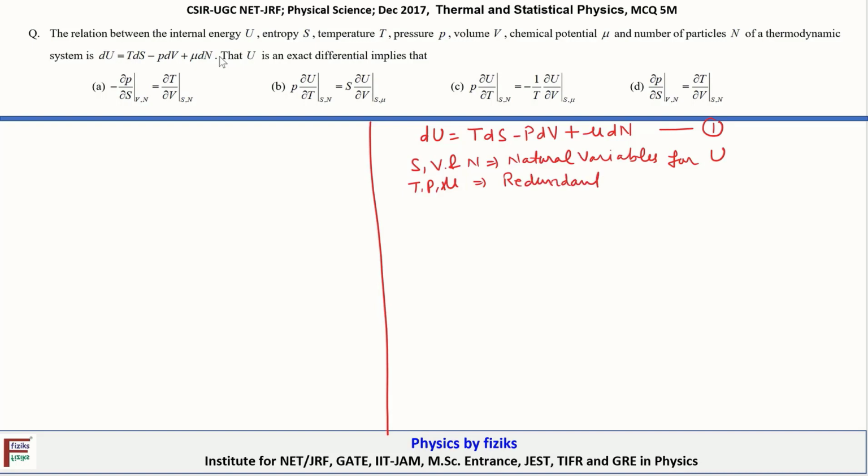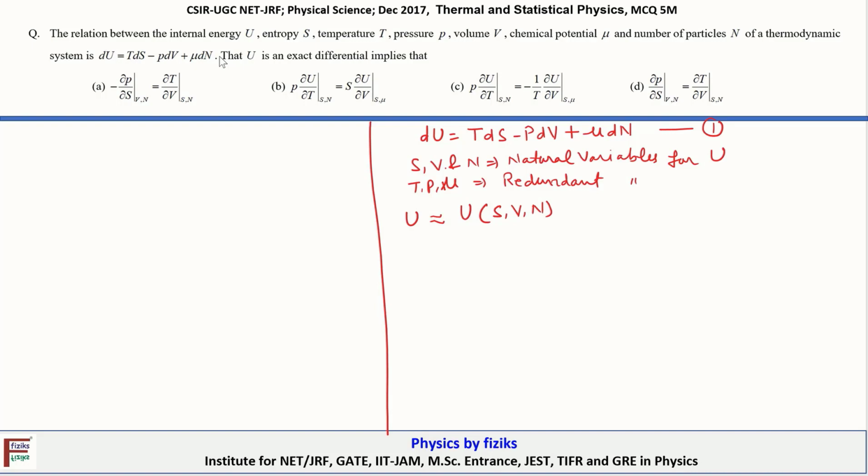Because S, V and N are the natural variables for U, I can write U to be a function of the natural variables which are S, V and N. That's an important point to note here.